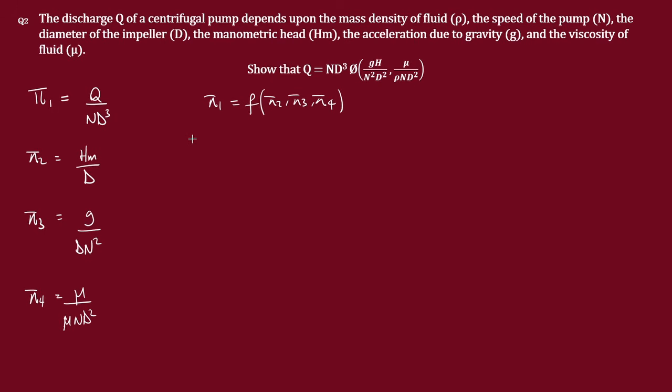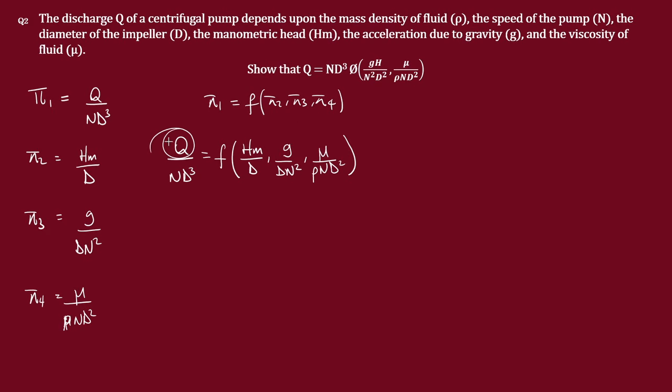So expanding this, we're going to see that q over n d cubed is a function of manometric height over diameter, acceleration due to gravity over d n squared, and mu divided by rho n d squared. And we can see that we're getting close to what our solution looks like.